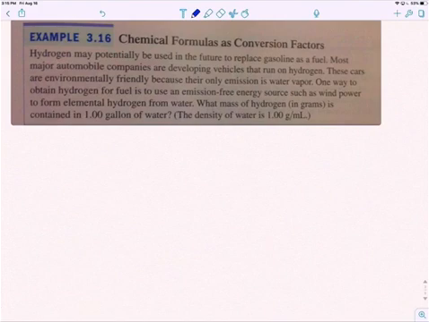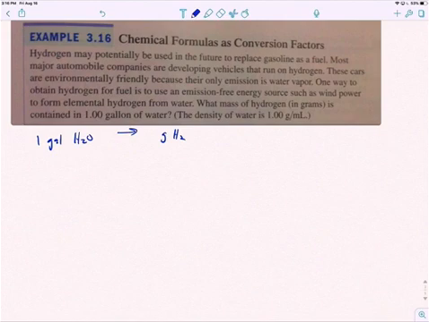Okay, so we have to go through and calculate this one out. Again, it's dimensional analysis. We're going to start off with 1 gallon of water, and we're going to work our way towards grams of hydrogen. So we need to convert gallons to liters, which is a metric unit, and the density of water is 1 gram per milliliter.